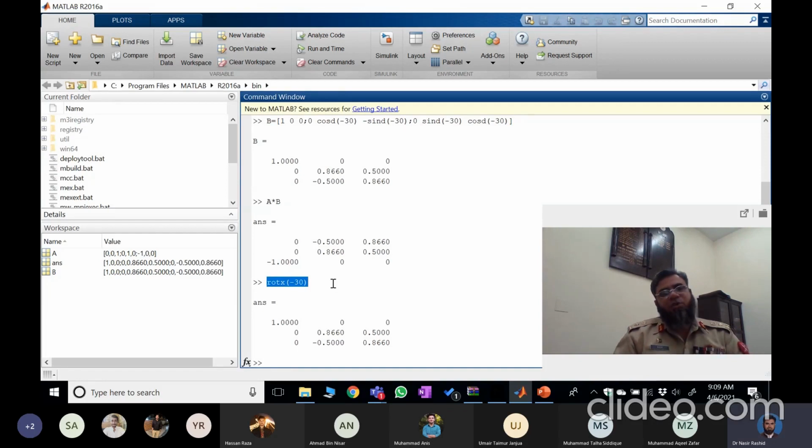Okay, so the toolbox is making your life easier. There are a lot more commands which you can come across if you want to practice more using Matlab for your rotation matrices. I'm just going to expose you to the rotation matrix only at the moment.